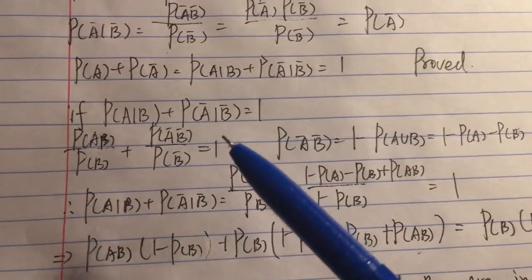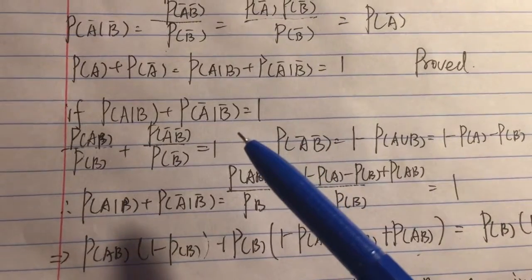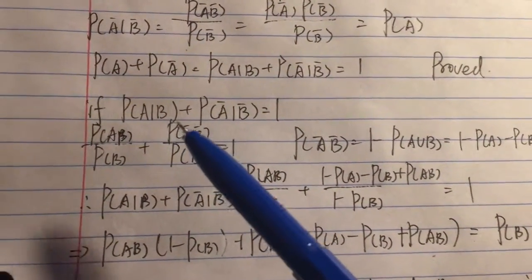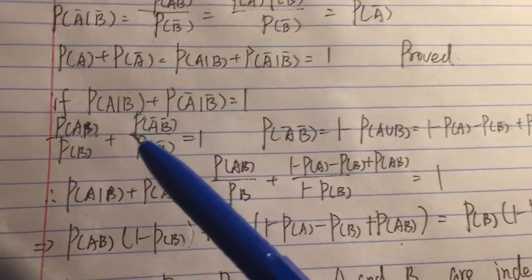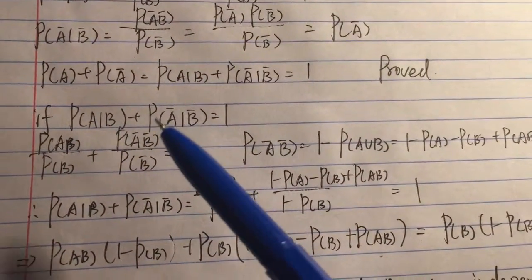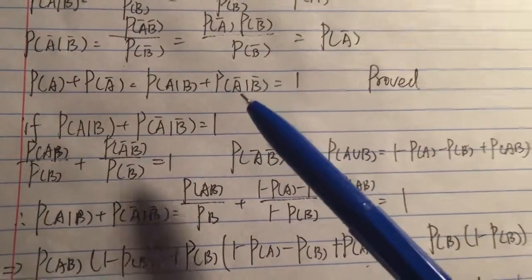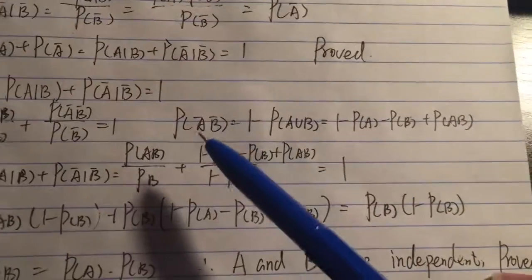So it equals the probability of A intersect B divided by the probability of B, plus the probability of A bar intersect B bar divided by the probability of B bar, equals 1.